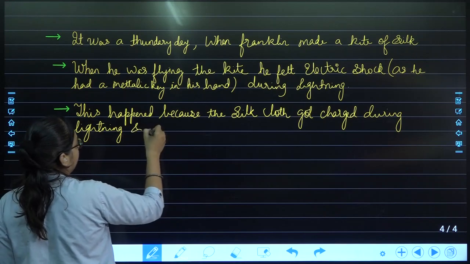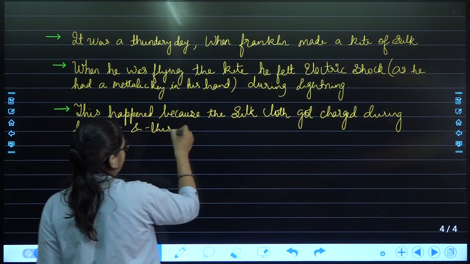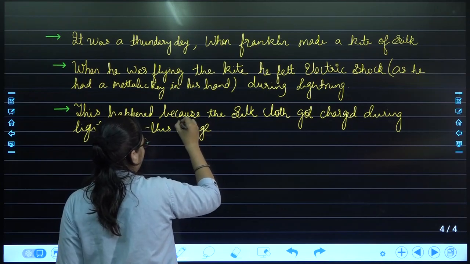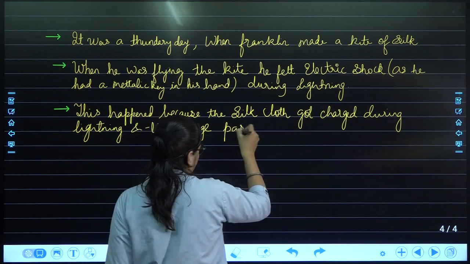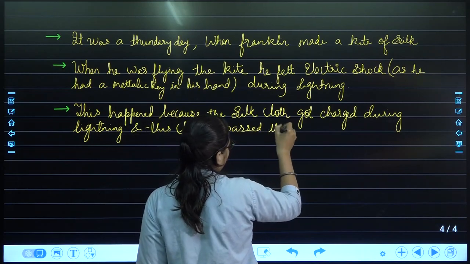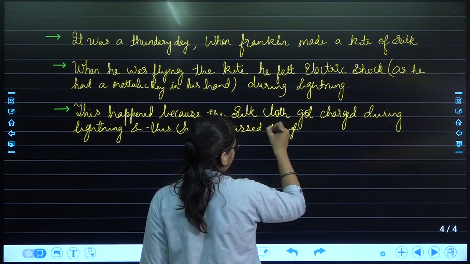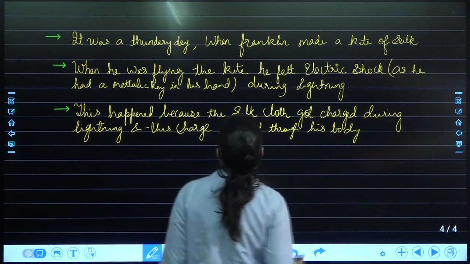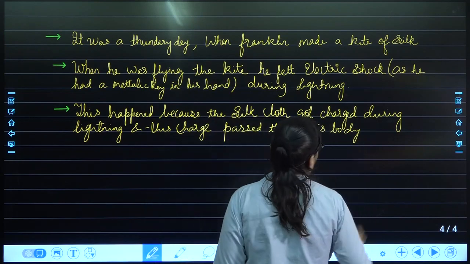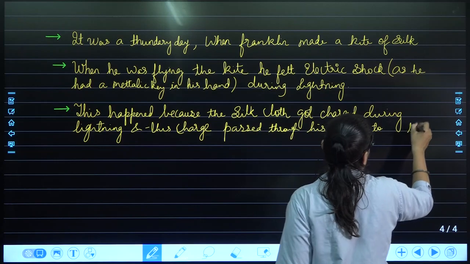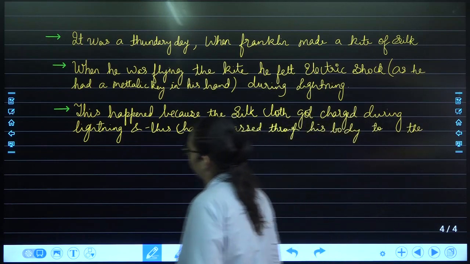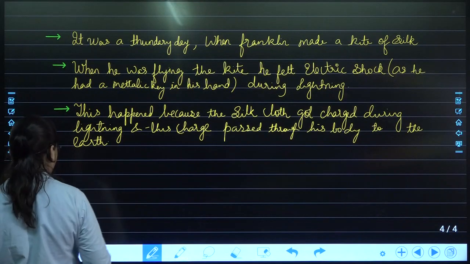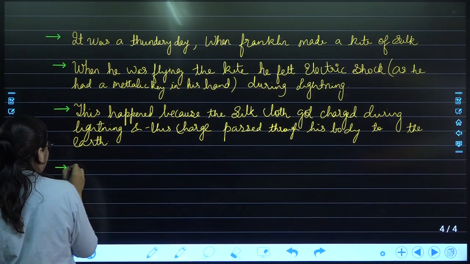And this charge passed through his body to earth. He felt the electric shock because he was holding the metallic key.